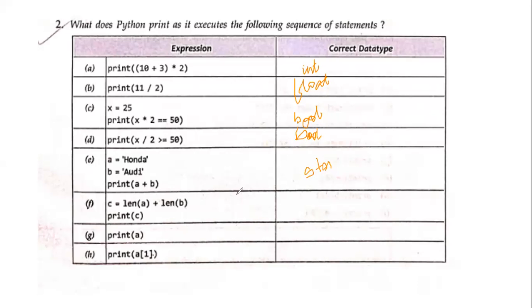C equals to length of a plus length of b, so it's going to give me an integer. Print a, over here, I'm assuming a is this, so it's going to give me string. And this is also going to give me a string. It's going to give me a character. You can go a little into detail and say character because it's a single character, or you can say string itself. That's absolutely fine. So these are the answers to this question.